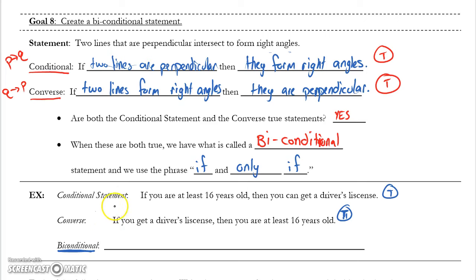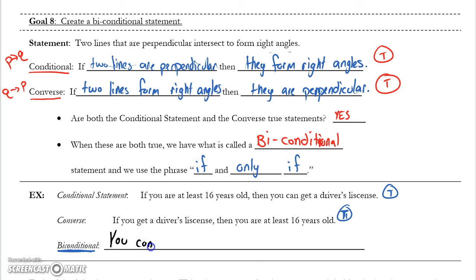Since they are both true, we can combine our two ideas into what we call a biconditional statement. It wouldn't use if-then. It's going to use if and only if, and the if and only if will come in between my two statements. So I might say something like, you are at least 16 years old if and only if you can get a driver's license. Or, you can get a driver's license if and only if you are at least 16 years old. So let's try it that way.